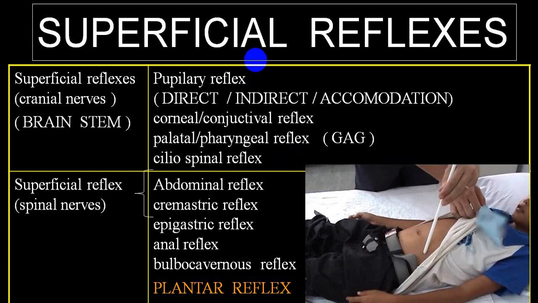But mainly we look for pupillary reflex, corneal and conjunctival reflex, and the gag reflex. While in the spinal cord, abdominal and cremasteric reflexes; anal and bulbocavernosus are usually not performed. So we look for abdominal reflex and plantar reflex. So we'll be going through that.